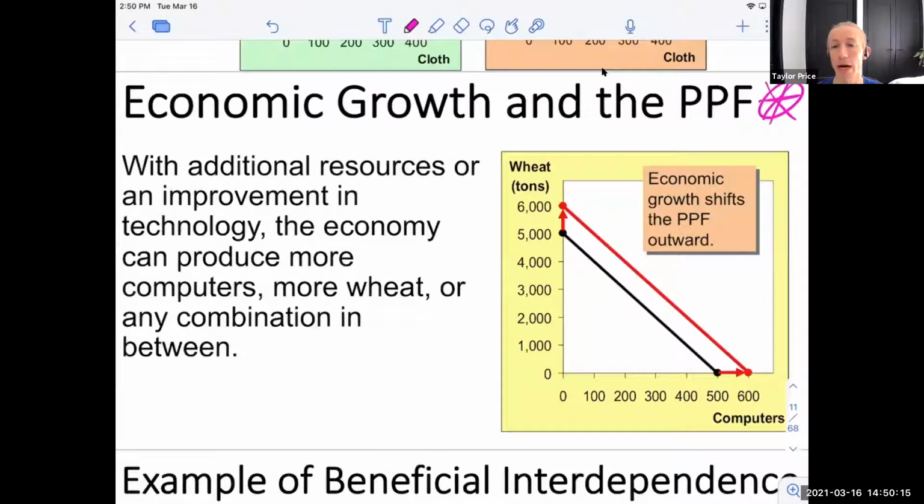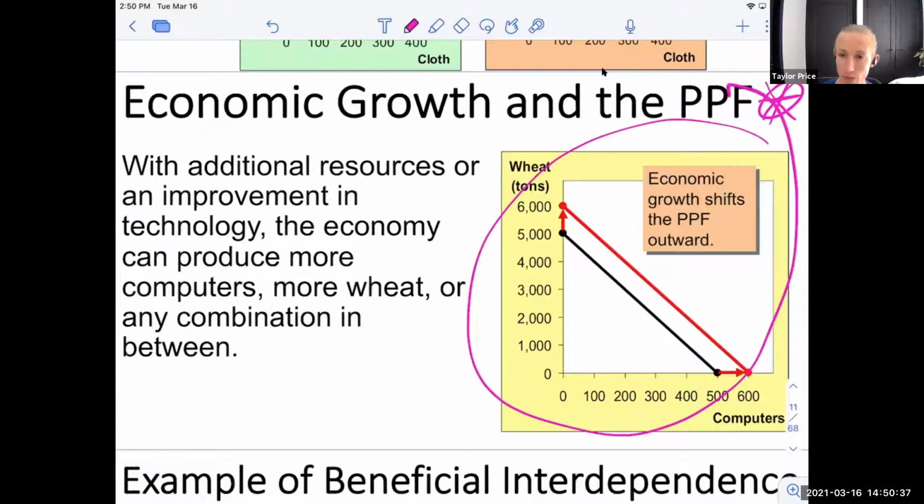The reason it can shift is if the economy grows. So think about it, if the economy grows, what that means is that there are additional resources or an improvement in technology. And so that basically shifts how much wheat or computers this specific economy can produce.